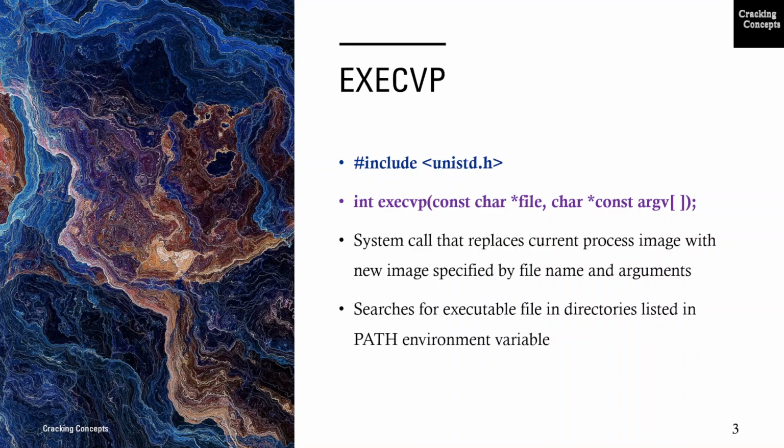There will be no return from a successful exec because the calling process image is overlaid by the new process image. The execvp function in Linux is a system call that replaces the current process image with a new process image that is specified by a file name and an array of arguments. It searches for the executable file in the directories listed in the PATH environment variable, which is similar to how a shell operates.